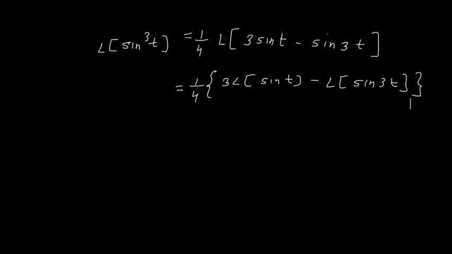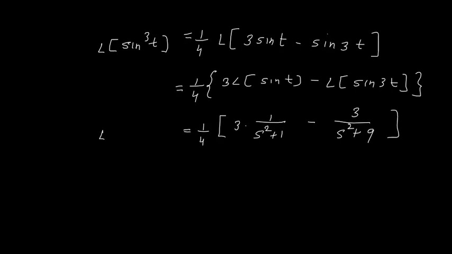So final simplification will give me 1 upon 4. Now Laplace of sine t is 1 upon s square plus 1, minus this is 3 upon s square plus 3 square, that is 9. So this is our Laplace of sine cube t.